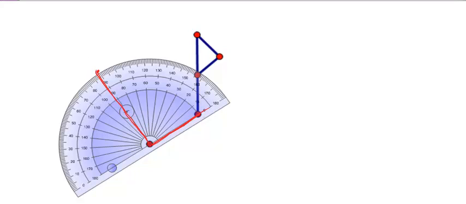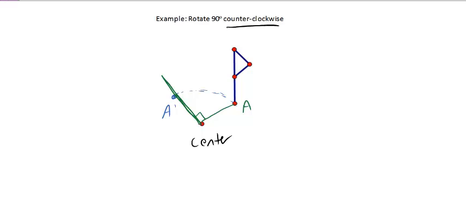And then of course I would use a ruler to find the correct distance, or in this case I've got it lined up so I know exactly this is where that A prime should be. Right? So I would line it up and I would do that for each of the points. But since this is difficult without being in person with the protractor and ruler, let's go back to this image. And so the idea is, once I've found that point A prime here, I would start over and pick my new point.